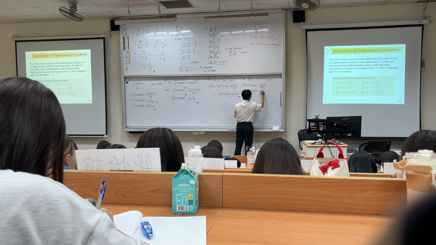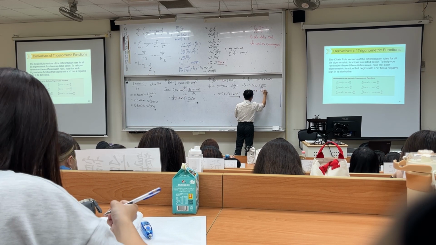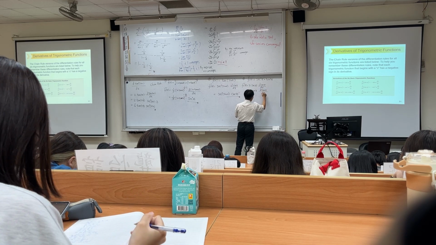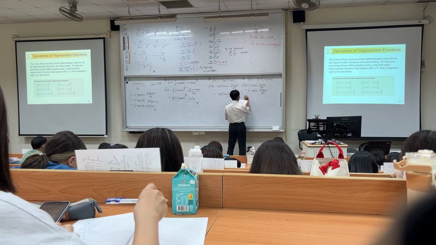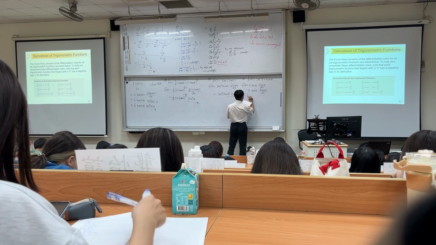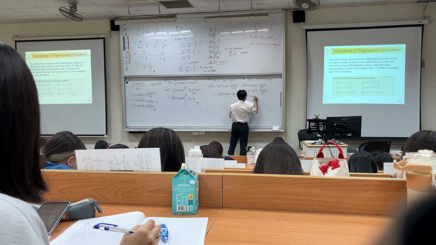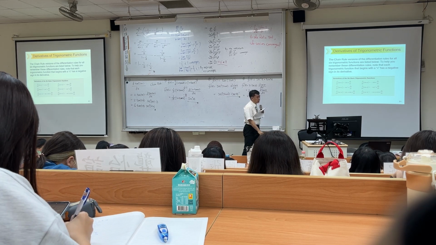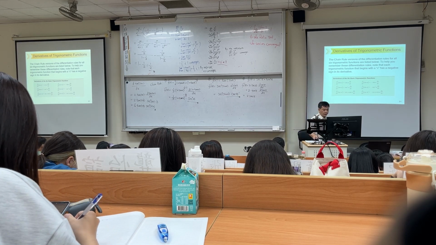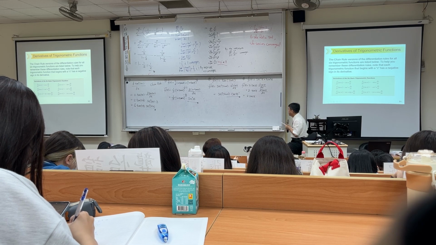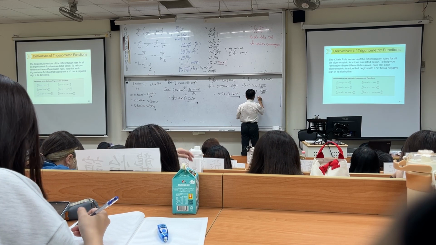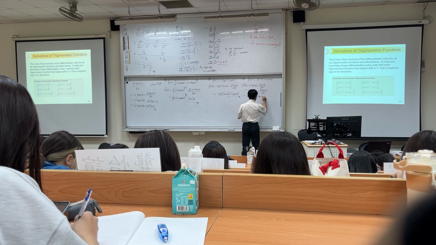And multiply by the derivative of tangent x. So it is equal to 2 secant x, multiplied by the derivative of secant x, which is secant tangent.